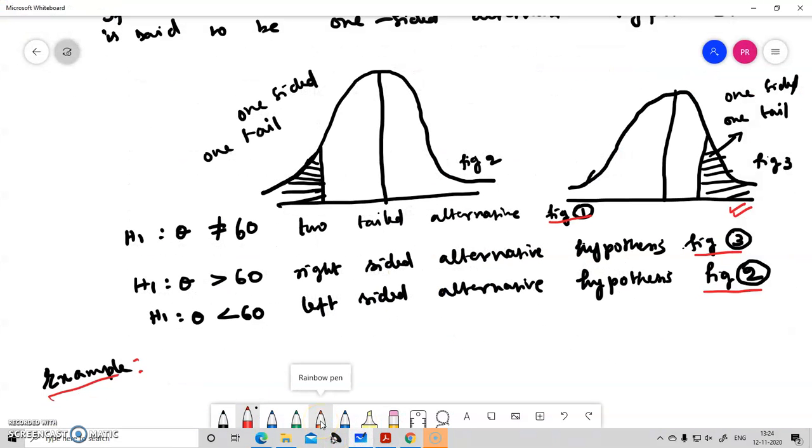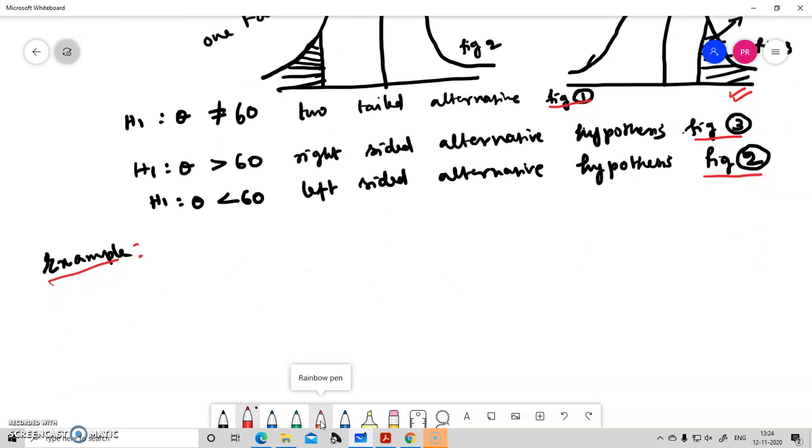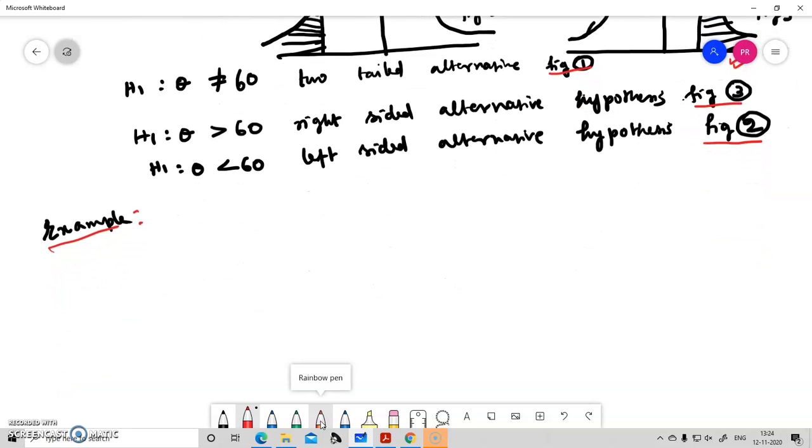What is given in this question, we will write down as data.